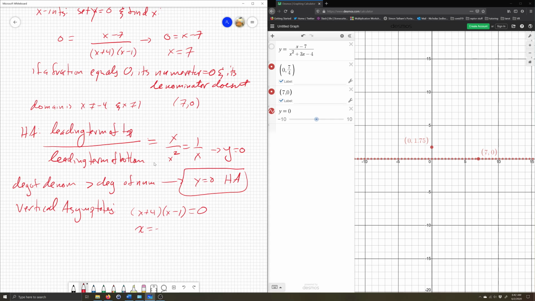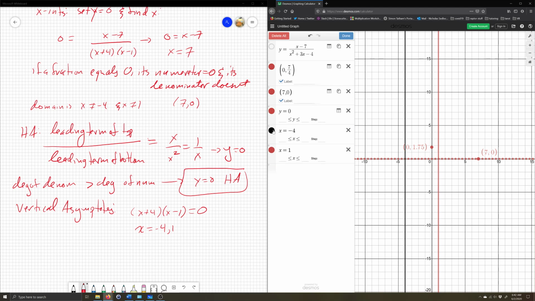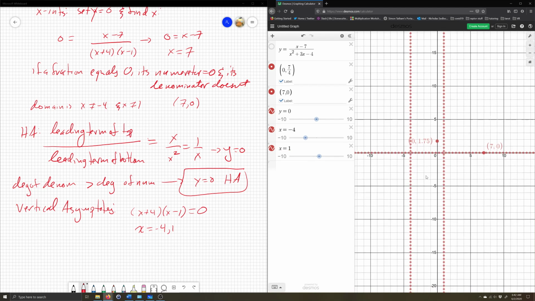And so you get x is negative 4 and positive 1. And so I can graph x equals negative 4 and x equals 1. And again, I'm going to change their style. And so that's that.